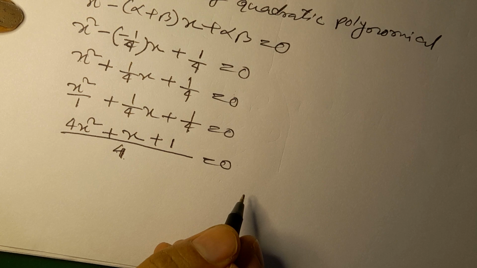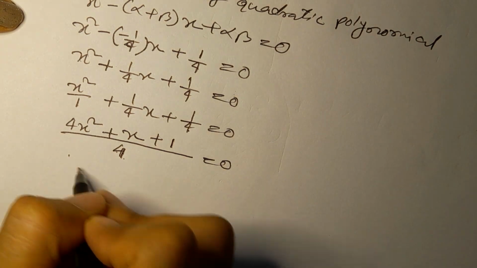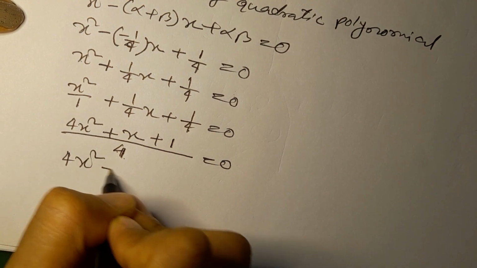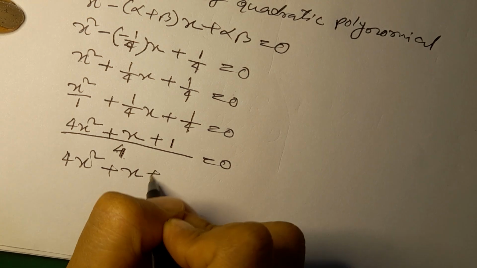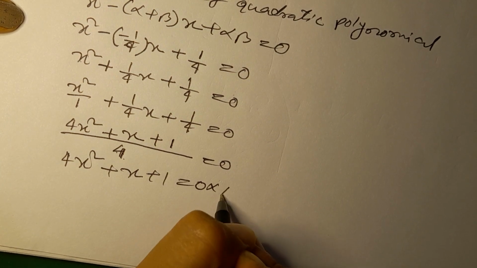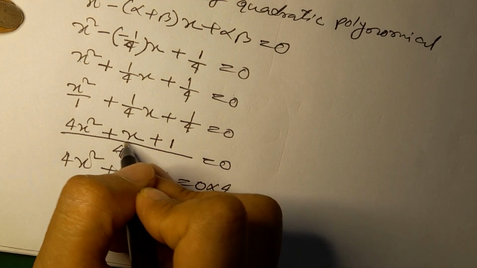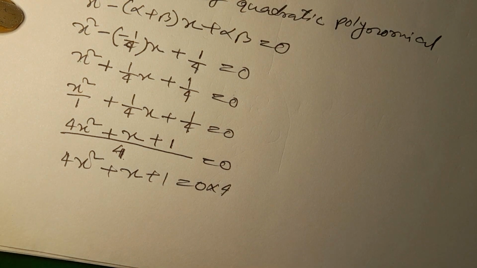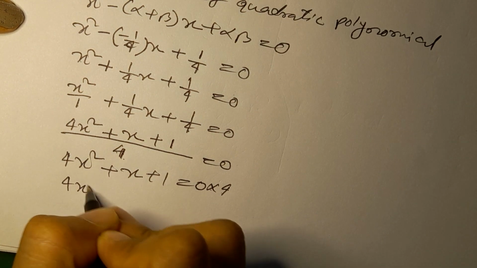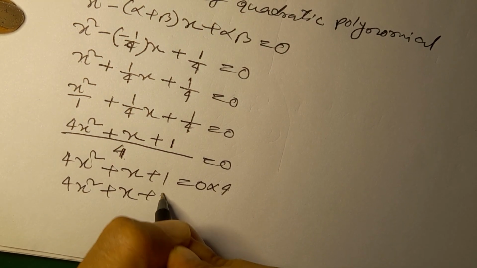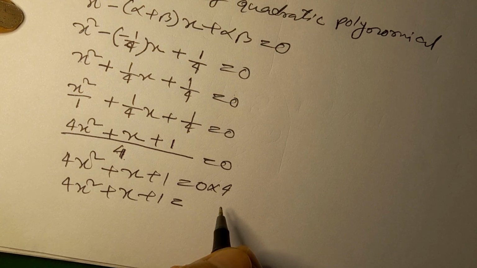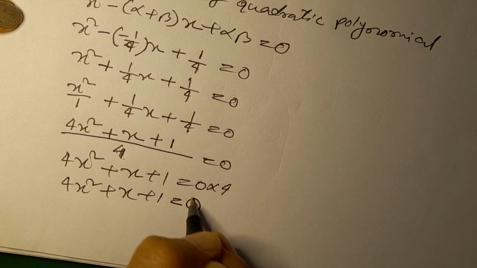Now take the 4 to that side, the rest as it is: 4x square plus x plus 1 equal to 0 into 4. Why is it a multiplication? Here it was a division, therefore it became a multiplication. So 4x square plus x plus 1 equal to 0, because any number multiplied by 0 always gives 0.